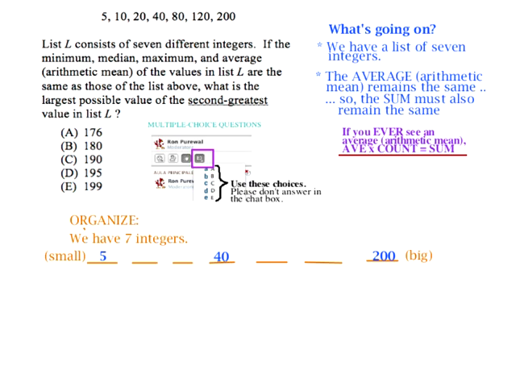So in this case, there are 7 things in both lists. So the sum is going to be whatever that average is times 7 in both instances. That means you're going to have the same sum of everything.